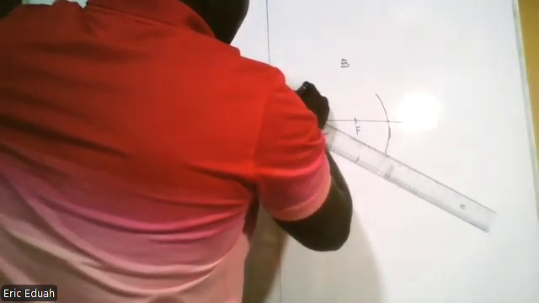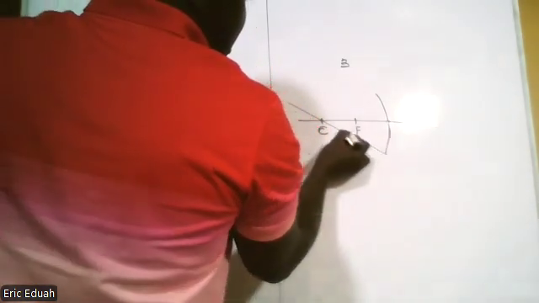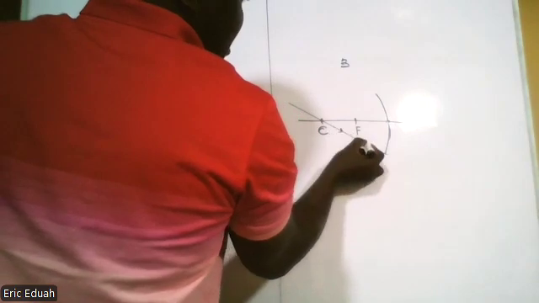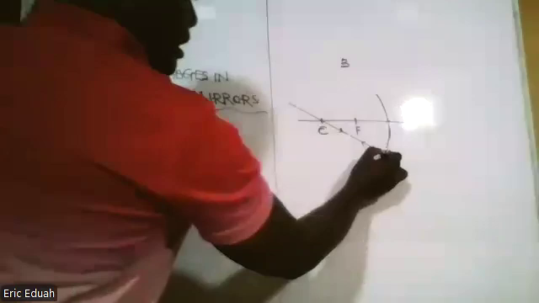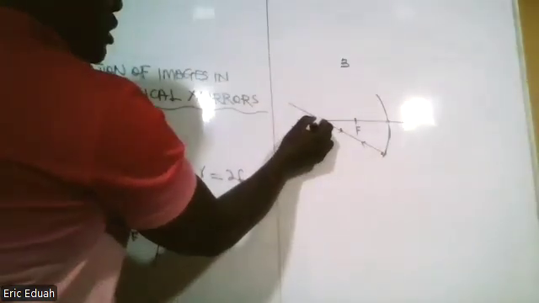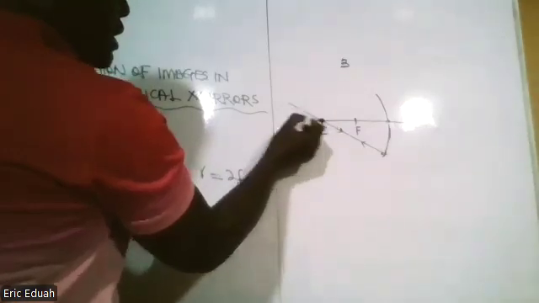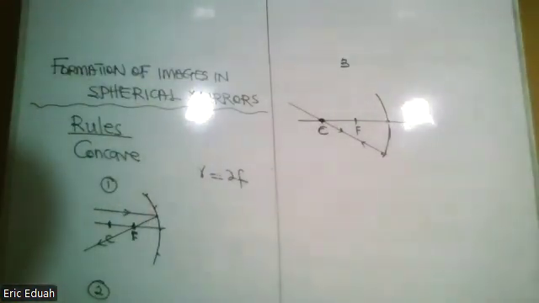When the ray is hitting the mirror at 90 degrees, it must be incident and reflect along the same path and pass through a point on the principal axis. This point is the center of curvature.